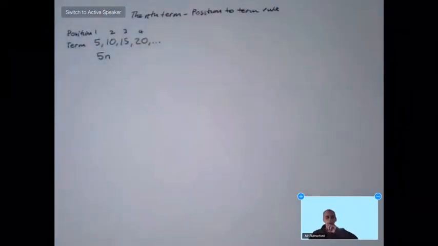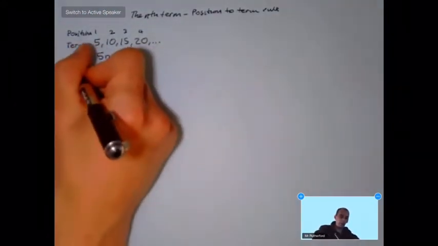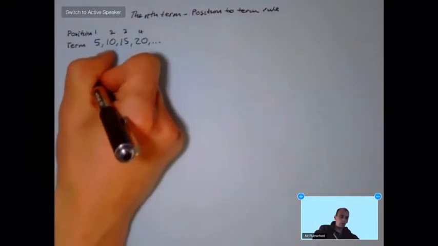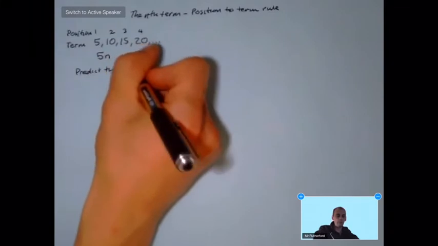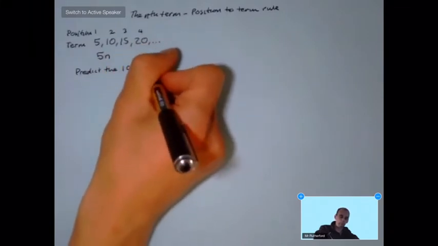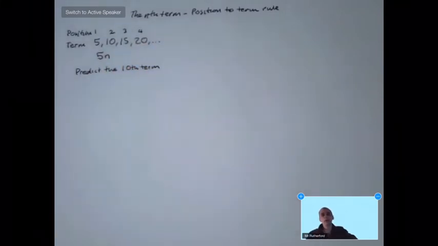Okay, what you might also be asked to do is something like predict the 10th term. Now, you may have been able to do that last time by just keeping on adding 5 until you got to your 10th number.